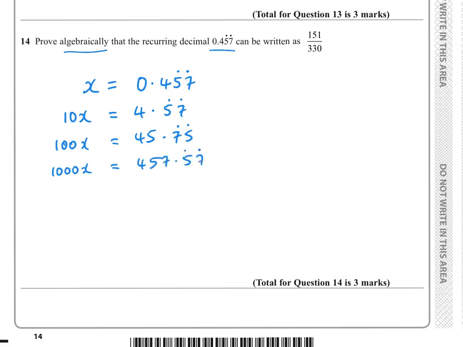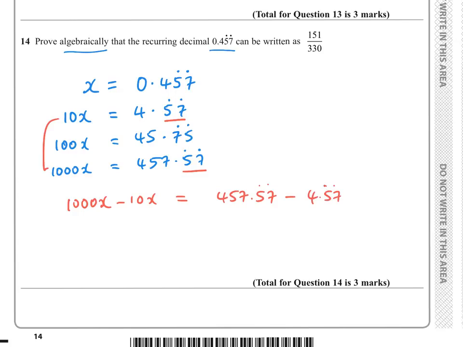Now, one thing I can notice here is that if I want to obliterate the recurring part here and here, they match up. So if I do 1000x minus 10x, that's going to be the same as 457.57 recurring minus 4.57 recurring.